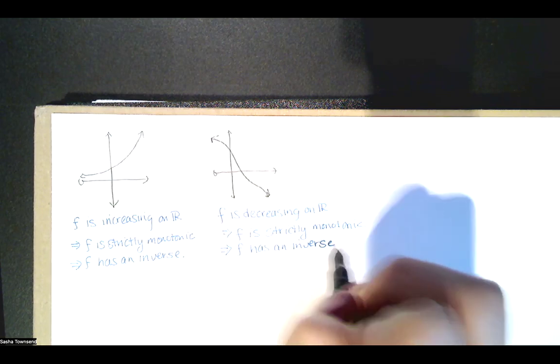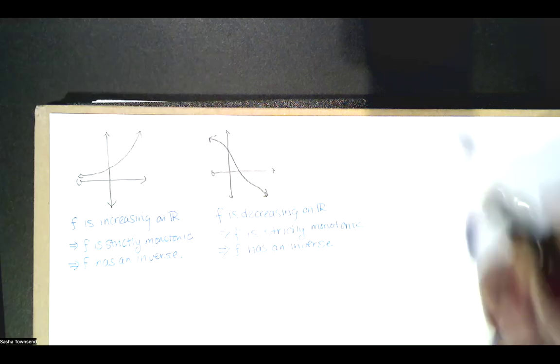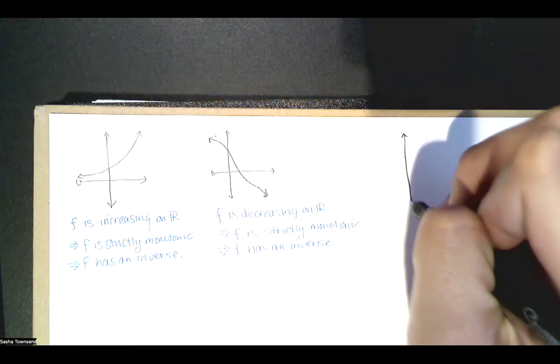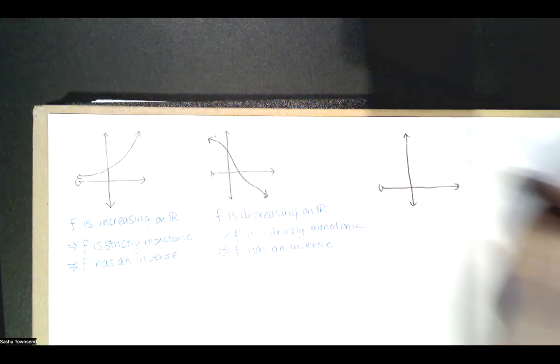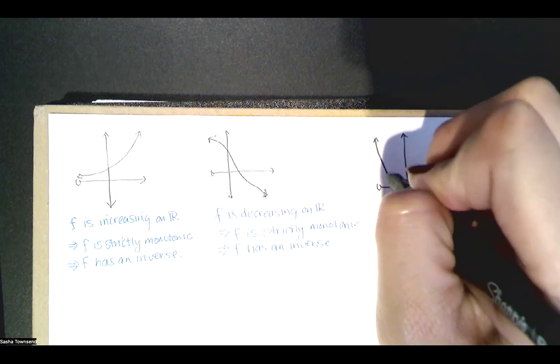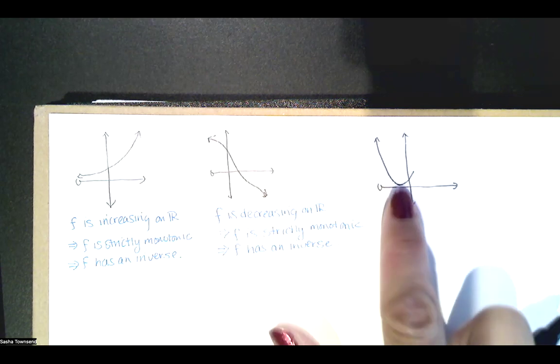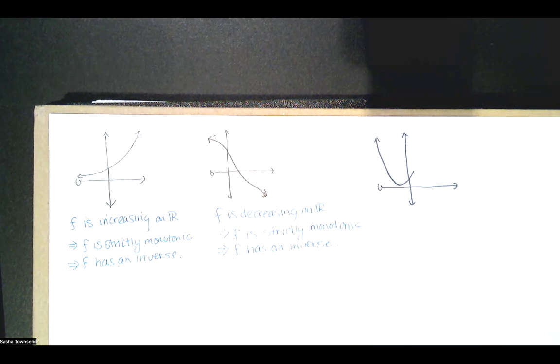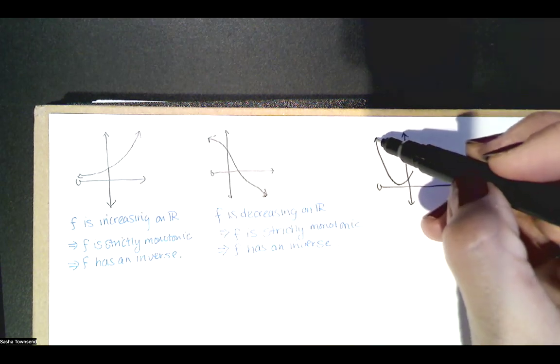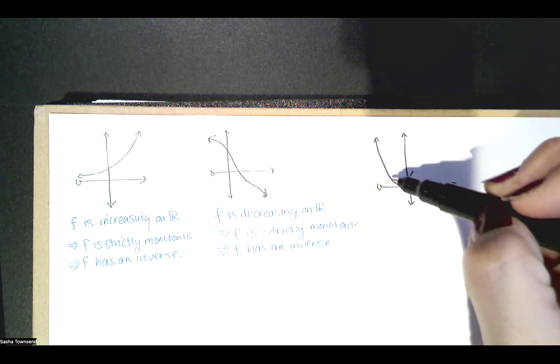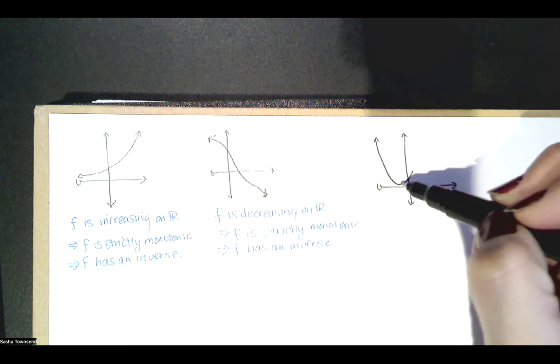You might say, well, why does that matter? Well, let's look at a graph that's not strictly monotonic. Let's say this function's decreasing for a while. We're fine, but now it starts to increase. Well, what happens there? The derivatives are all negative, right? Because it's decreasing. And then here at the bottom, the derivative is 0.